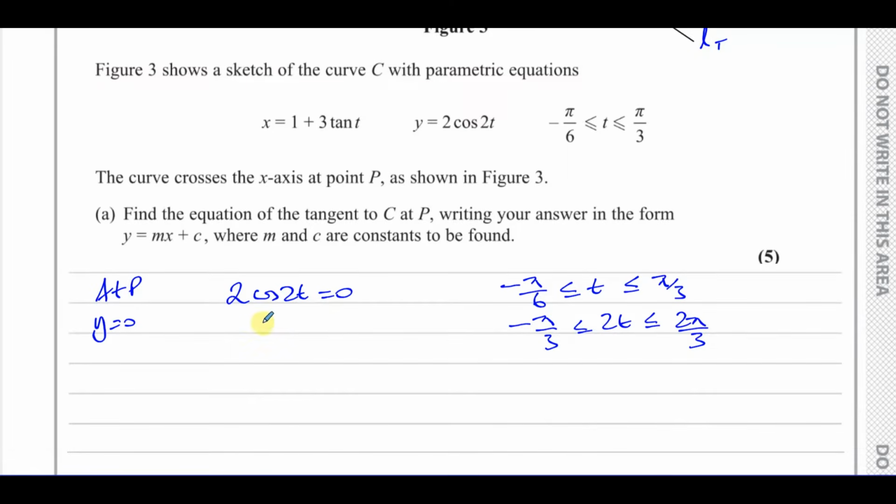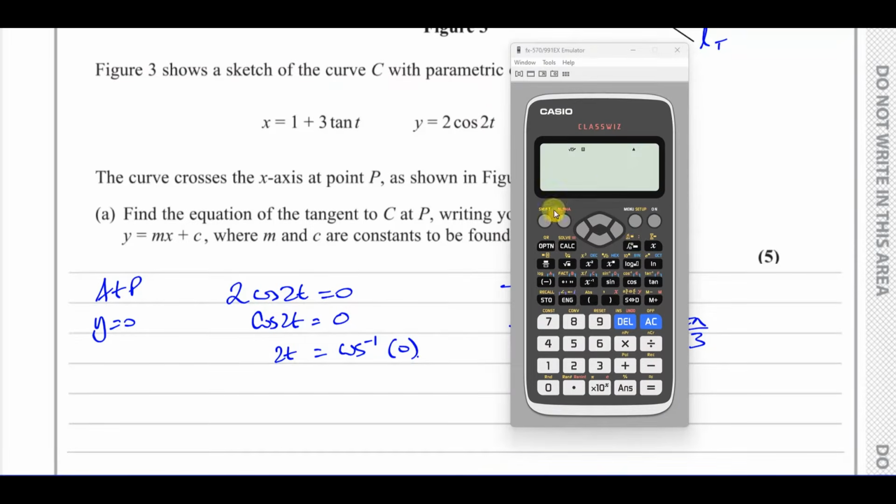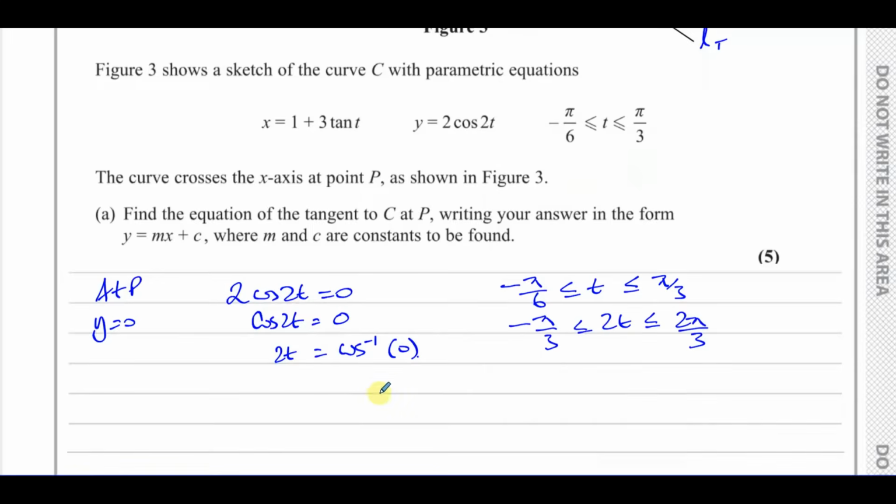So we know that the cosine of 2t equals 0 from this, divided by 2. So 2t is equal to the inverse cosine of 0. Now, where does the cosine curve hit 0? The cosine curve hits 0 at pi over 2. If we're not sure of that, we make sure our calculator is in radian mode, shift cosine of 0, and it's going to give us pi over 2.